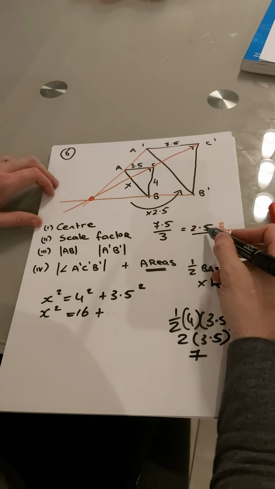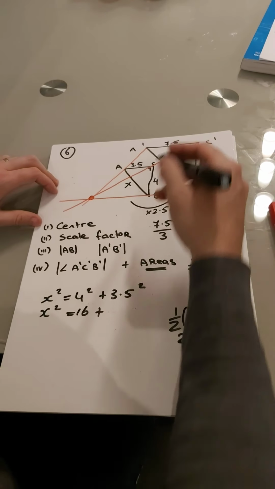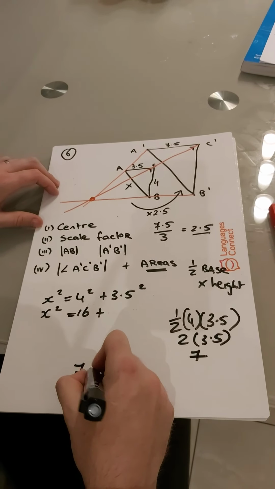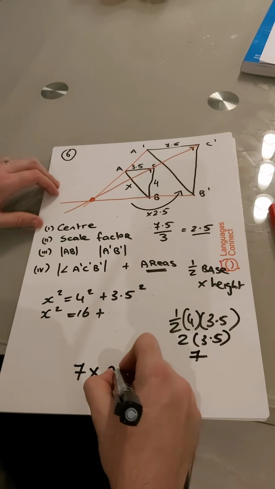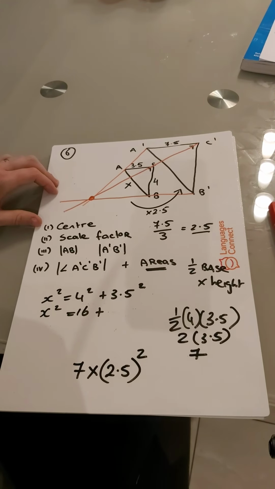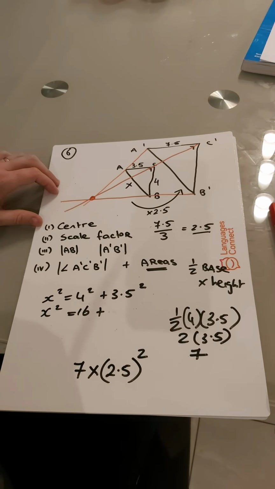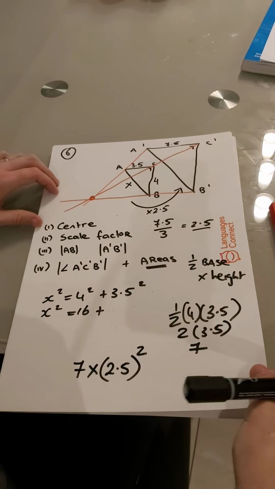I know the scale factor is 2.5, so automatically I know the area of the larger triangle is going to be 7 multiplied by 2.5 squared. Always the case. 7 multiplied by the scale factor squared. That will give you the area of the larger shape. And obviously if you want to find the area of the smaller shape, you just divide by the scale factor squared.